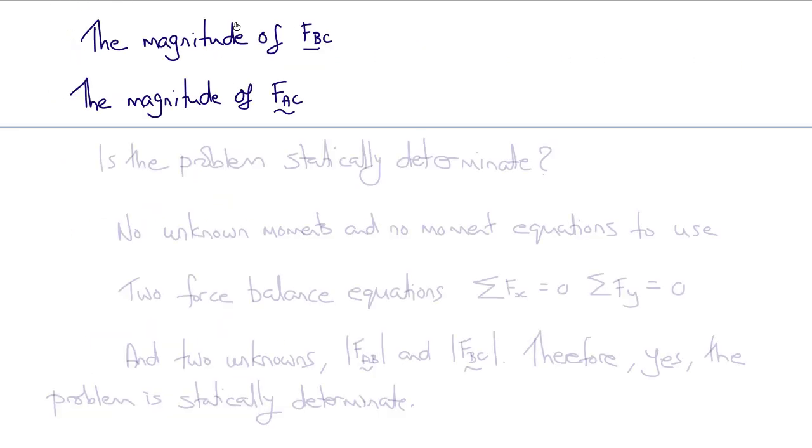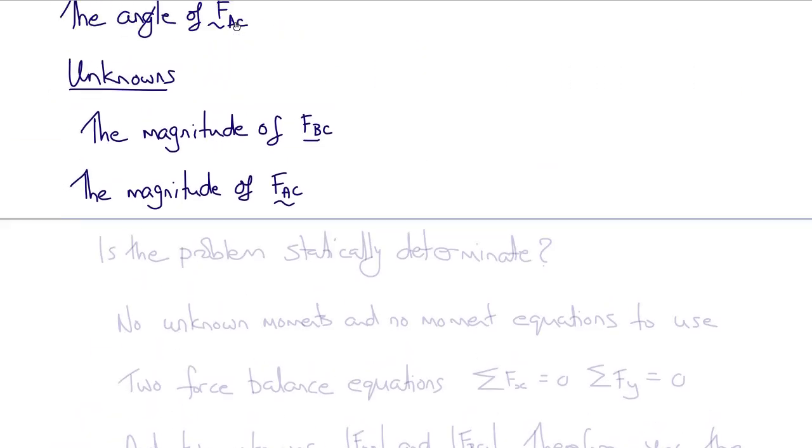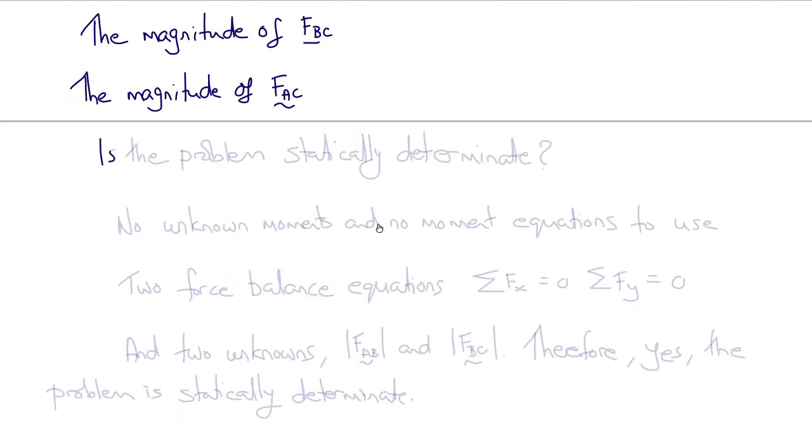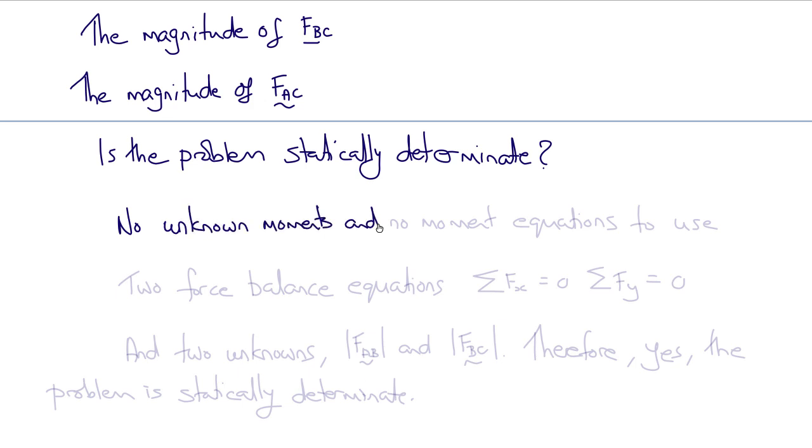So is this problem statically determinate? Well, there are no unknown moments and no moment equations to use in this problem because it's a pin-jointed structure, so none of the intersections can support a net moment.